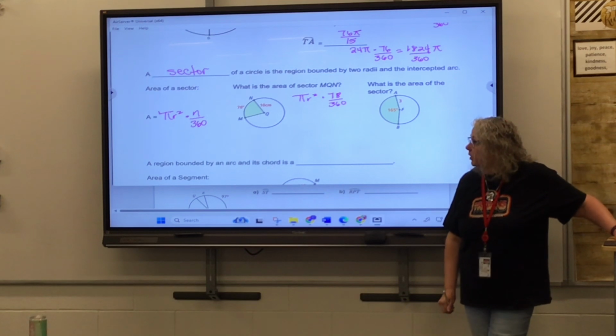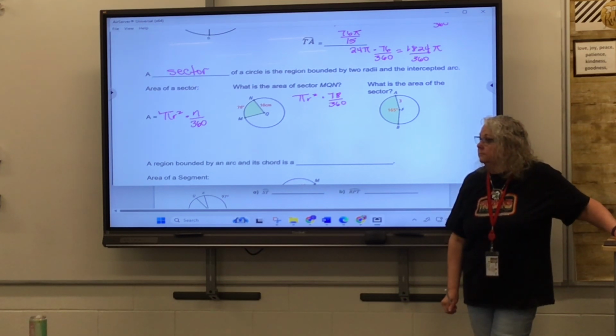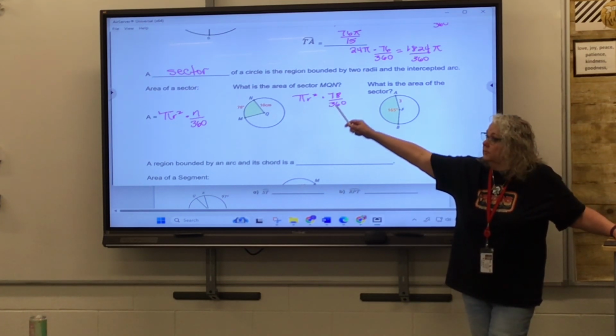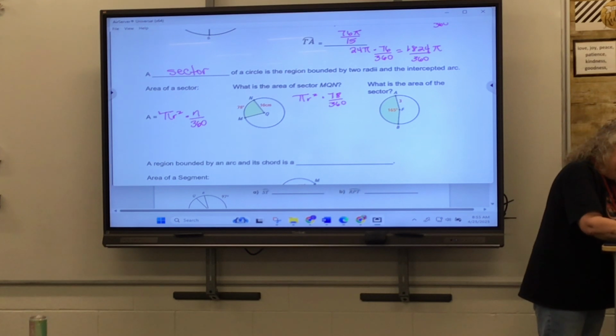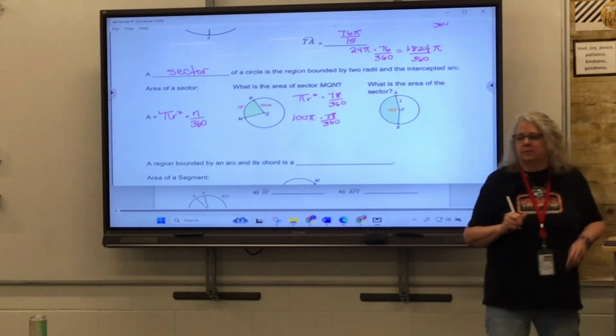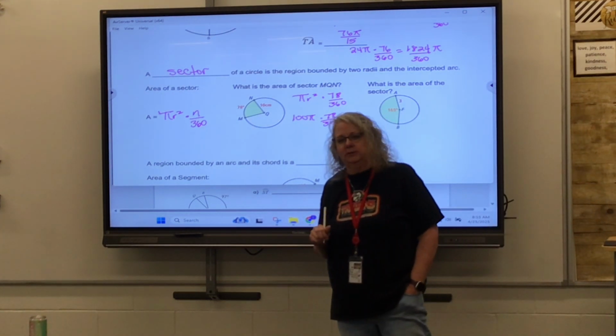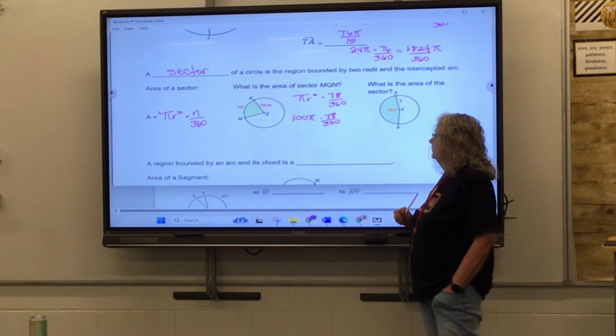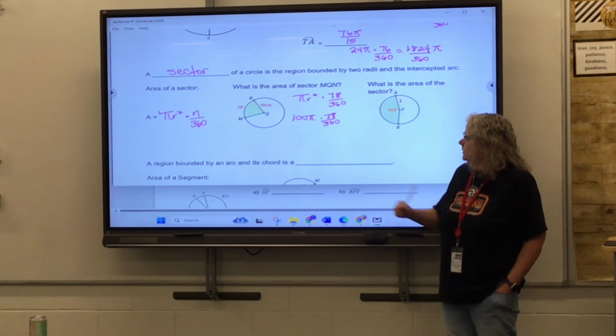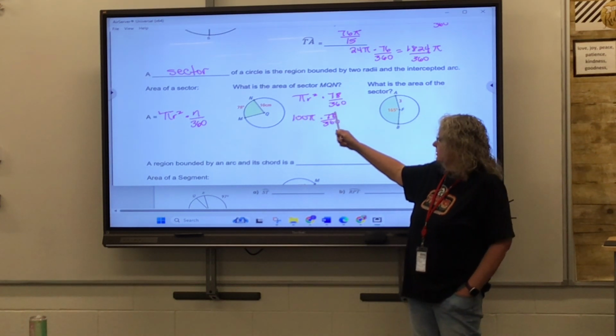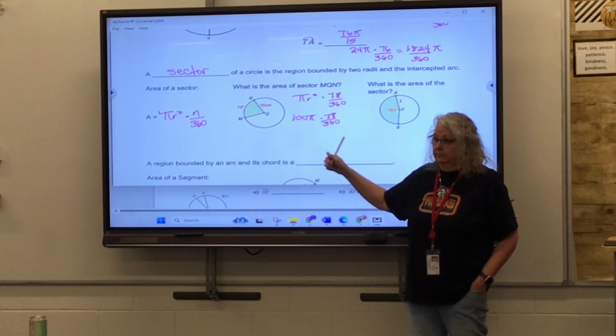What would be the area of the whole circle? 100 pi times 78 over 360. We are going to find decimals on these. Do all of this as a decimal, because it'll make your life much easier for area. So 100 pi times 78 divided by 360.